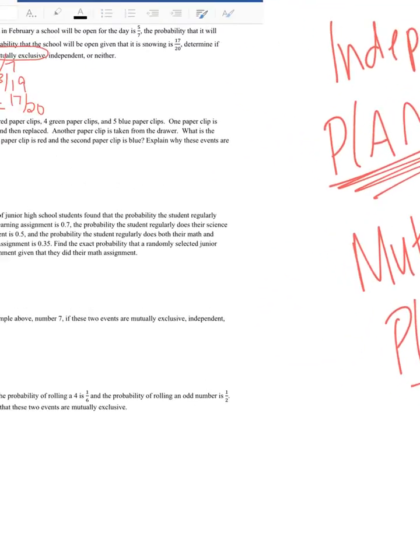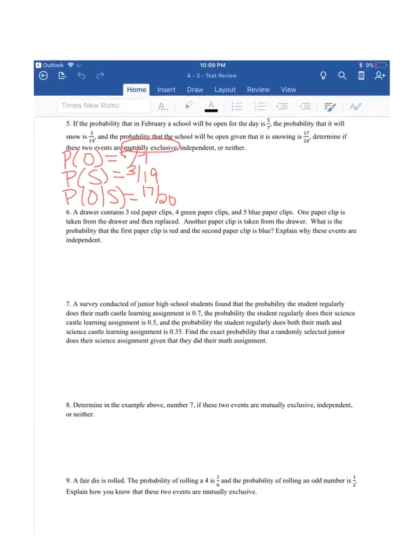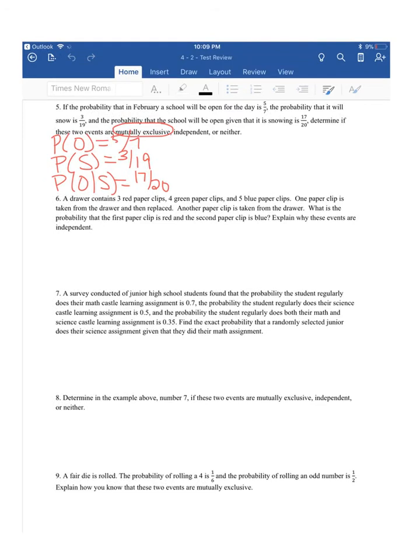Okay, so if we come back to our review sheet, here, this is the information that I'm given. I'm given the probability of O, the probability of S, and the probability of O given S. So I can use this formula, probability of O given S is equal to the probability of both divided by the probability of the given.